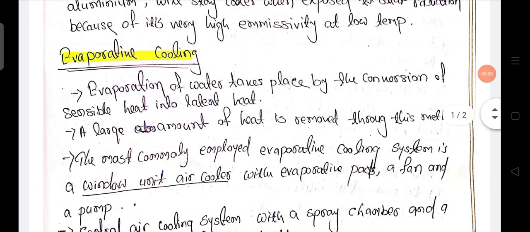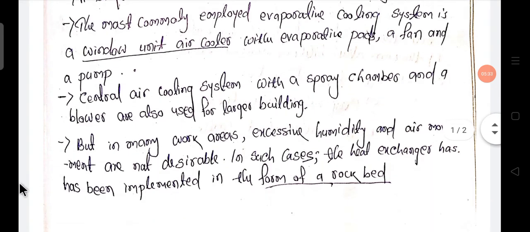Then a central air cooling system with a spray chamber and a blower is also used for large buildings. The window air cooler unit is used domestically, but in commercial areas we cannot place an individual unit in every window.